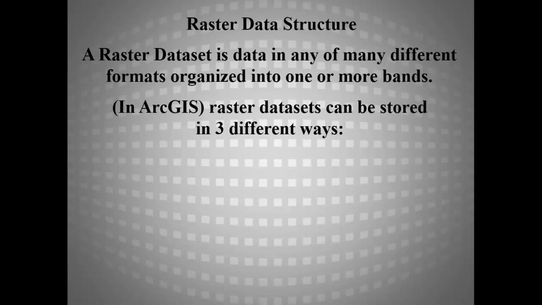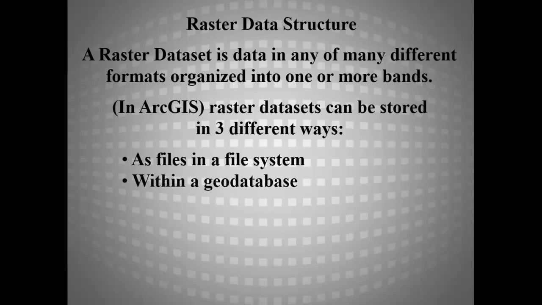In ArcGIS, there's 3 basic ways we store these things. We can just use them as files. We can have TIFF files or PNG files or JPEG files. The Esri standard format is called an Esri grid. There are a bunch of other formats that have evolved over the years, so there are just countless numbers of raster formats. We can create a geodatabase and store the rasters inside the geodatabase.